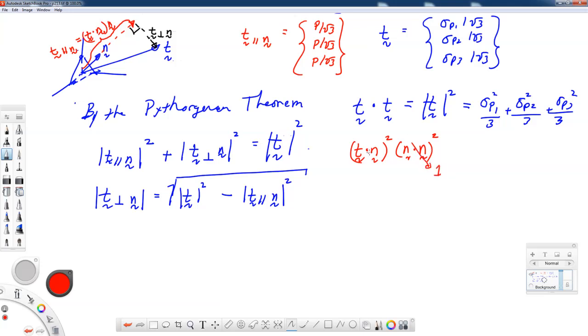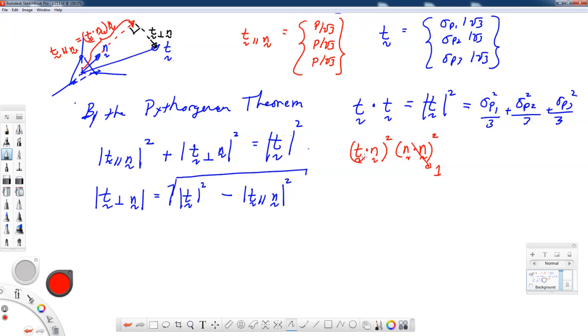So we're going to focus on this first part, t dot n squared. For right now, I'm going to leave this as if it has components that are arbitrary for our unit normal vector.